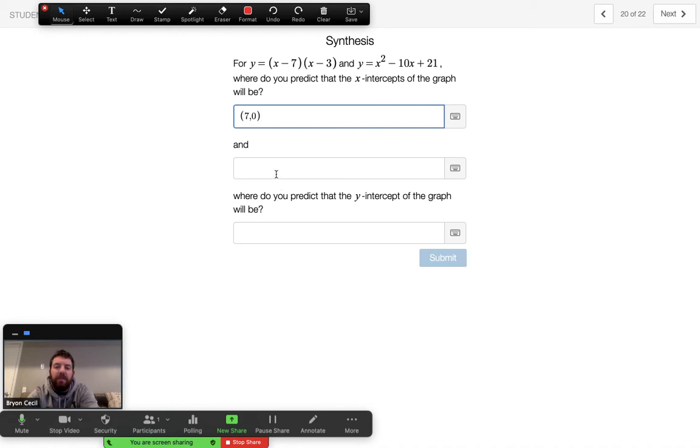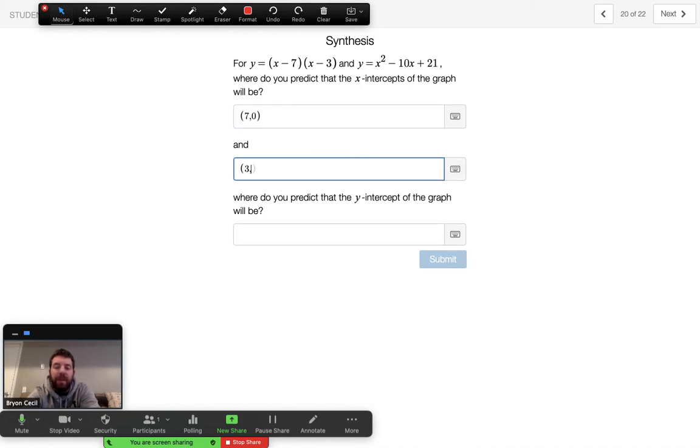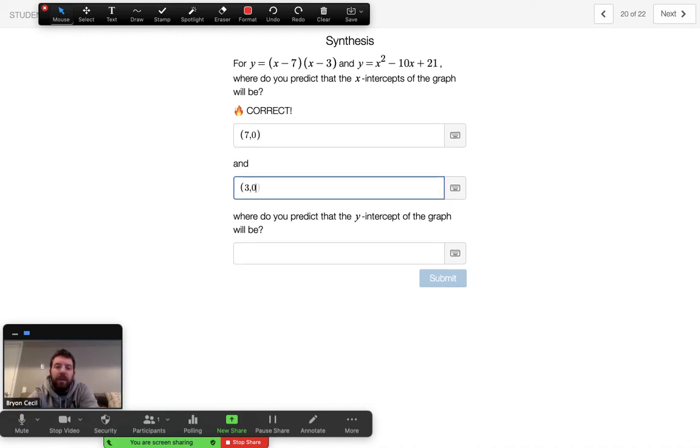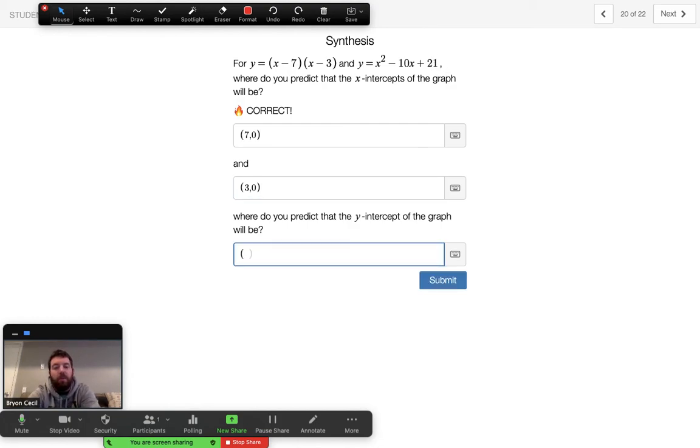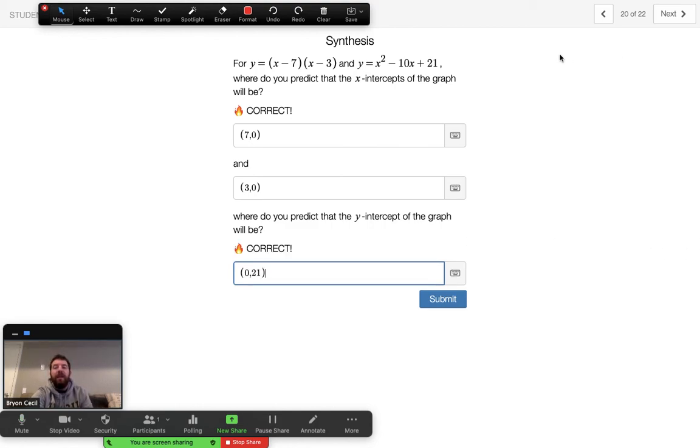This is a negative 3, so we know that this needs to be a 3, 0. When we predict the y-intercept, if I look at standard form, the y-intercept is my constant term, or my c, and so I see that it's 21. So at the y-intercept, I have a 0 x value and a 21 as my y value.